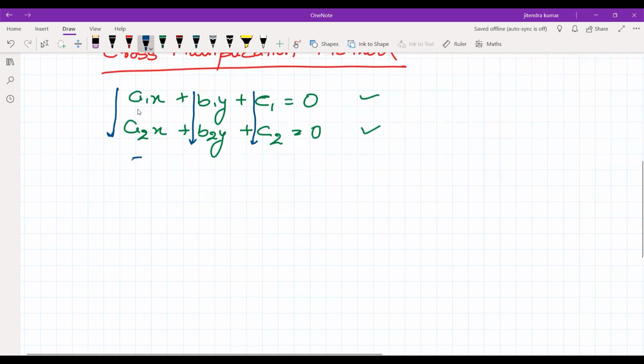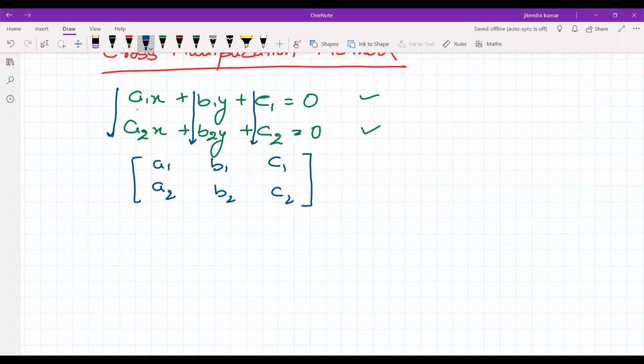Let's write these 3 columns like this. So we have these 3 columns of values now.